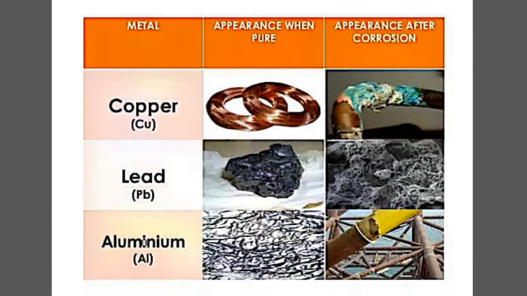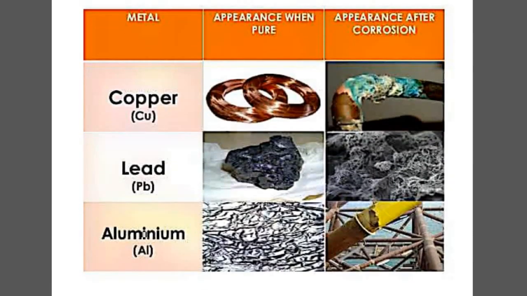There are a few metals which you can see before and after corrosion, when they are pure and after they have undergone corrosion. The first picture is of copper. This is how it looks after undergoing corrosion. Second is lead, and this is how it looks after corrosion. Aluminium after undergoing corrosion.